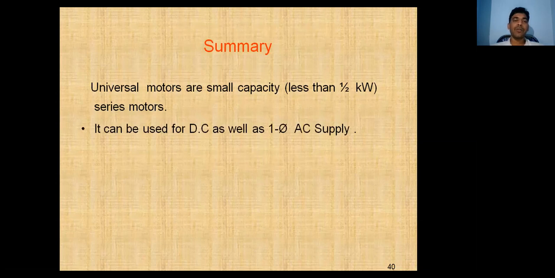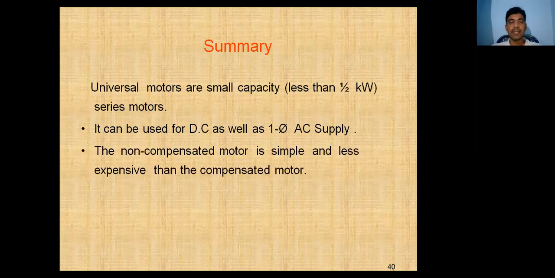They can be used for DC as well as AC supply, single phase AC supply.